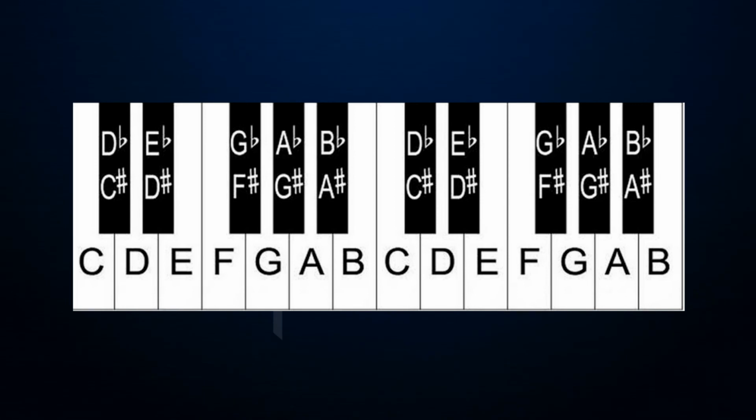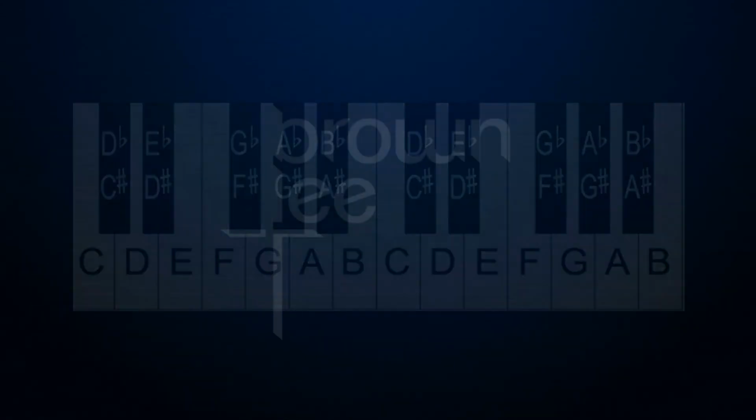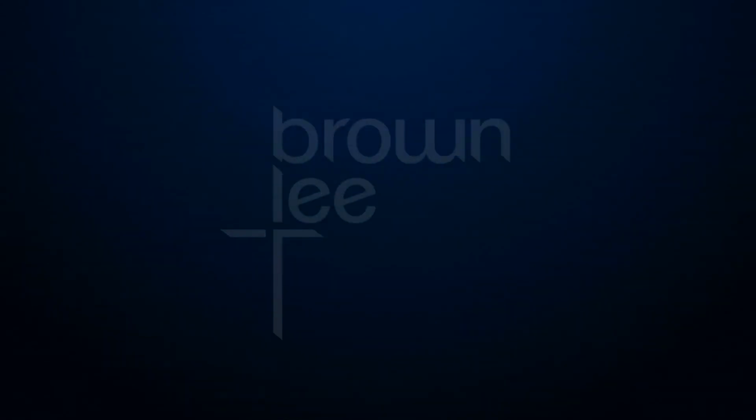To be able to name them, it depends on whether we're going up or down. When you're going up, you are sharpening it, and it becomes a sharp. But when you lower the pitch of a note, you are flattening it, and you call it a flat. And that's literally all there is to it.